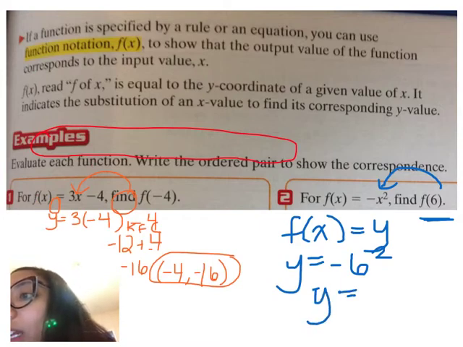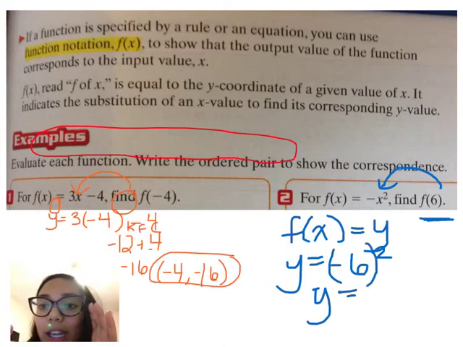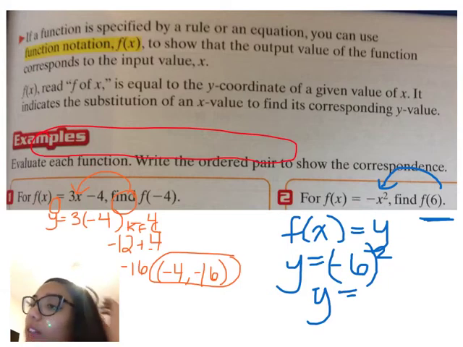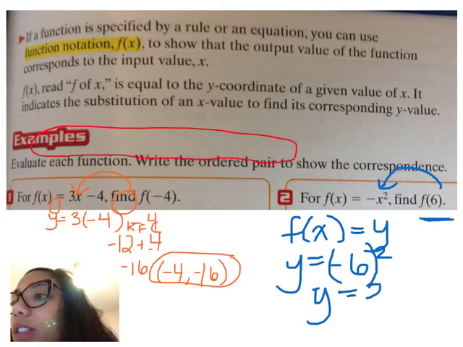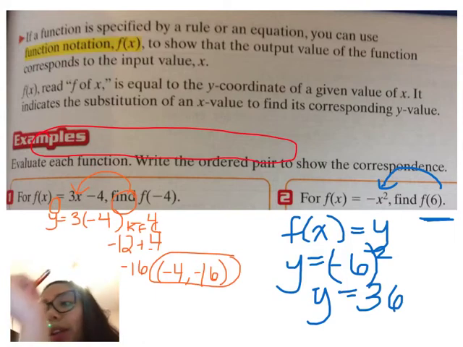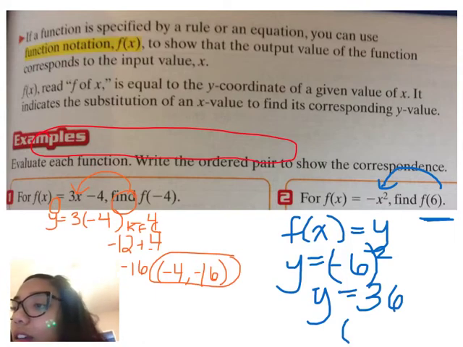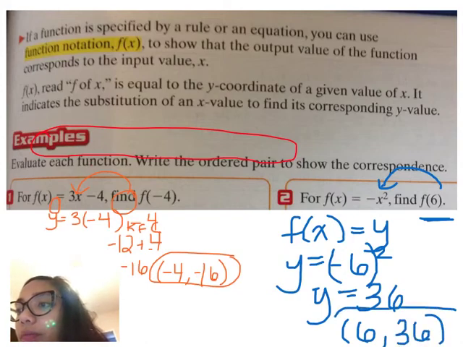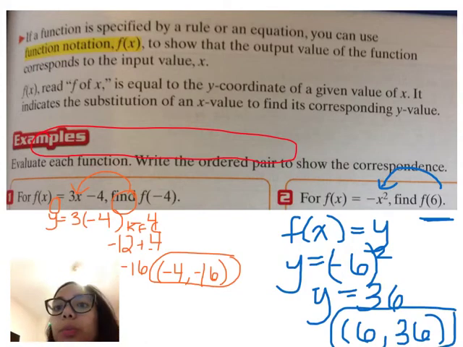If you're typing it in a calculator to check your work, you need to put your -6 in parentheses. So -6 squared is -6 times -6, which is positive 36. So when x equals 6, y equals 36, and that's how you would write it as an ordered pair.